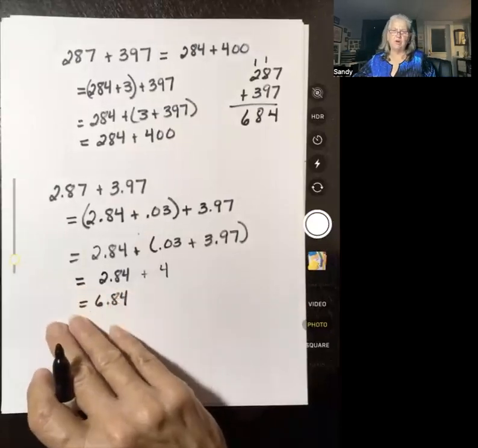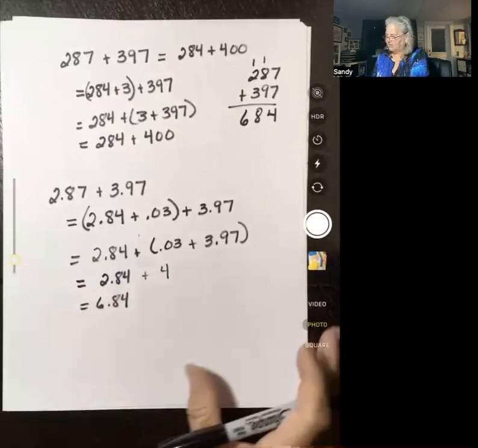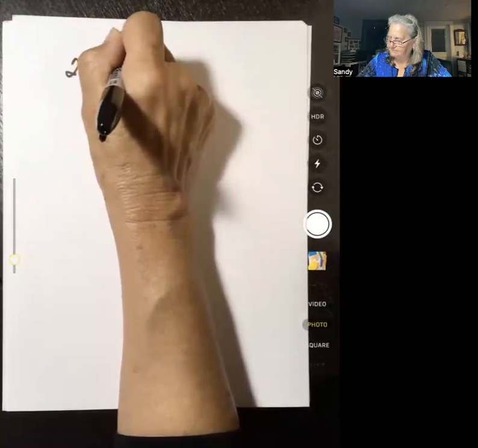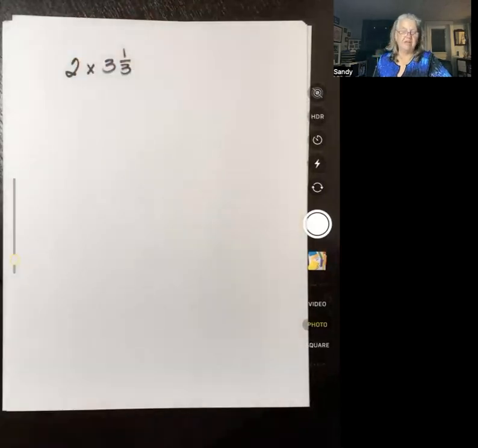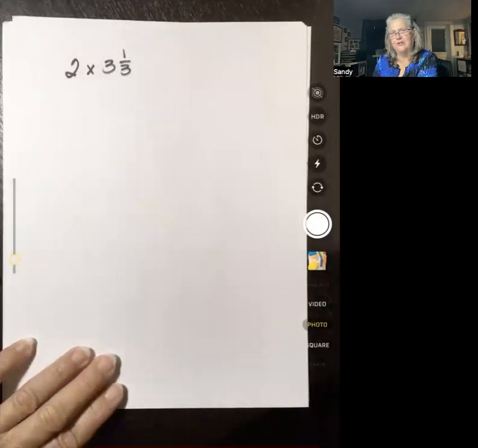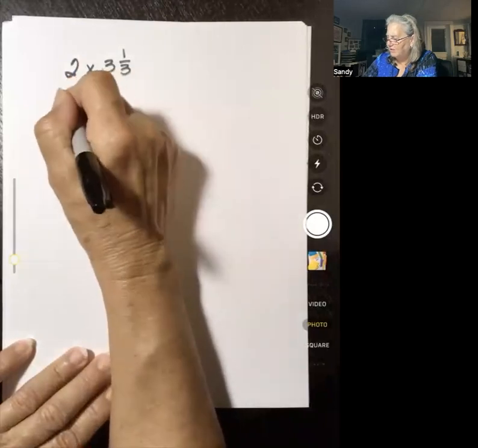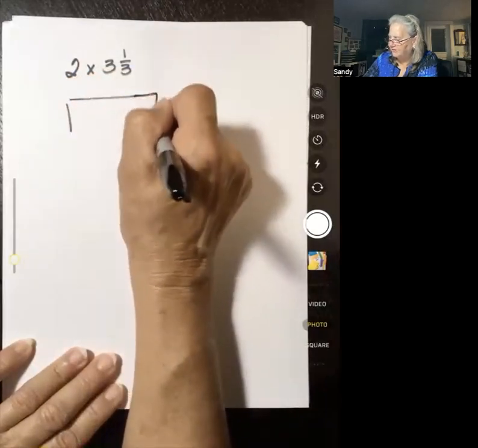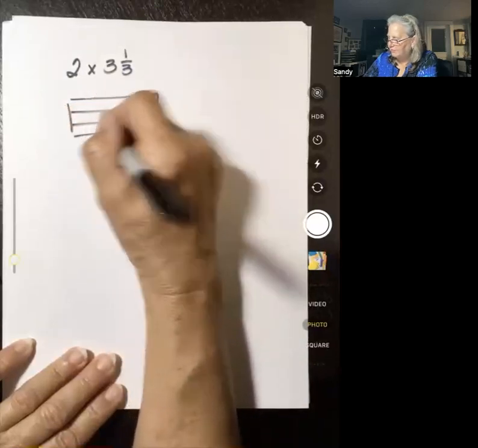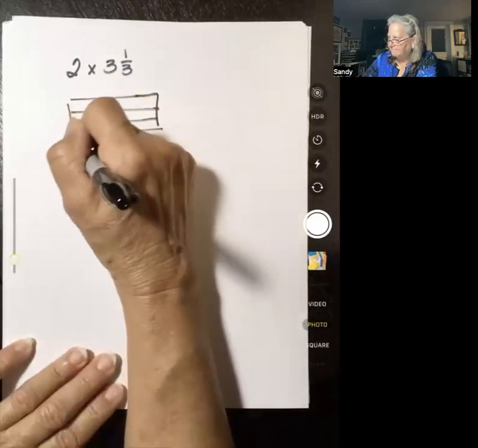Now, I want to show you one more strategy that your children are asked to do, and that's a doubling strategy. Now, I'm going to start with this problem. Double 3 1/3. Okay. Now, if I double 3 1/3, see, think about that picture again. If I want to represent 3 1/3, here are my 3 wholes and that 1/3 piece, right?